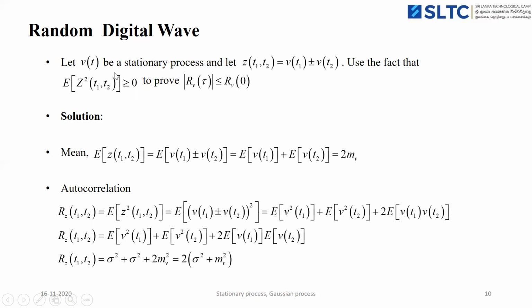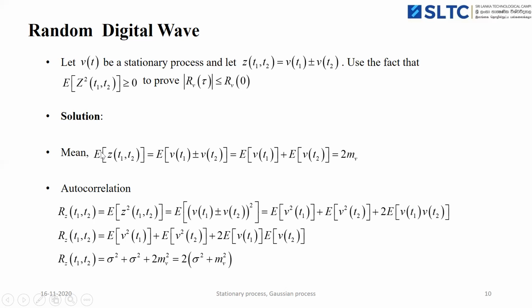Then by using the fact that the expectation of the square of the random process is greater than or equal to 0, you have to check the condition that the modulus of the autocorrelation function is less than or equal to R_V of 0, because R_V of 0 is the maximum magnitude of the autocorrelation function.